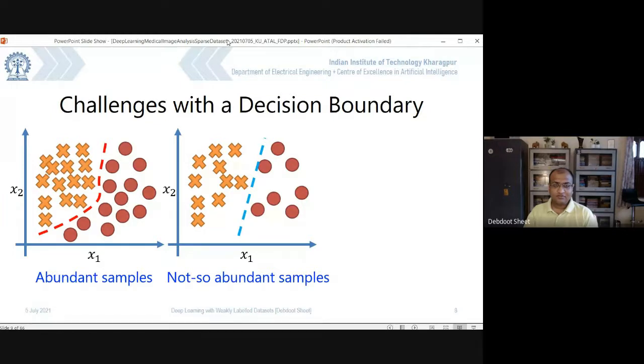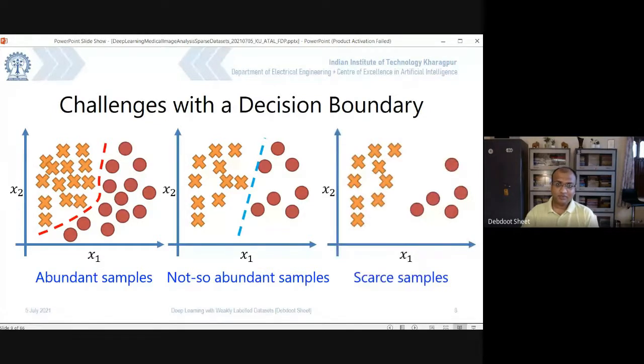Now, if we get to another point, which is about scarce samples, you have an even more challenging situation. You can have this as one of the decision boundaries, but for a line you have two variables. A line equation can be written as x2 is equal to m into x1 plus c. So m and c are two different independent variables which will characterize exactly what this line is going to look like: what will be the slope, what will be the intercept, so how far away from the origin it's going to be.